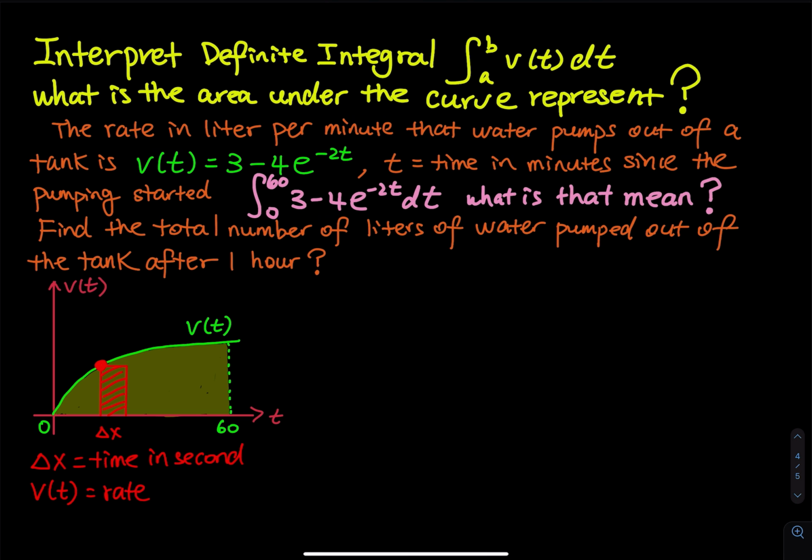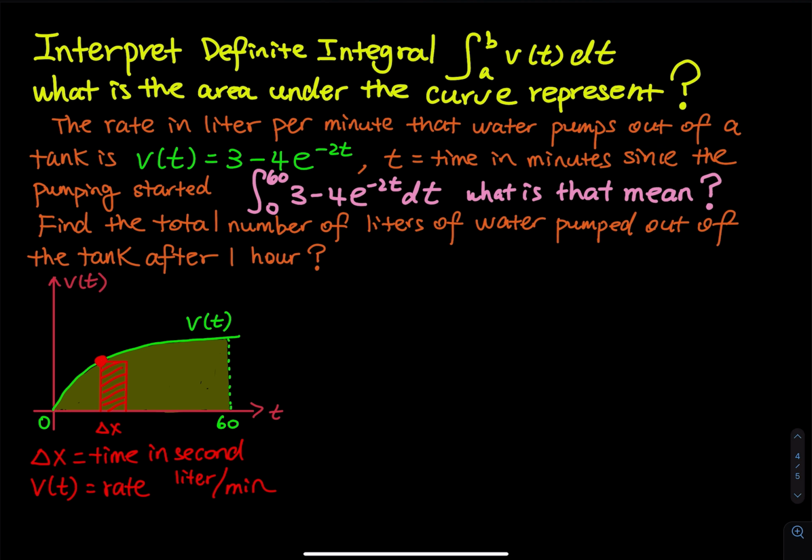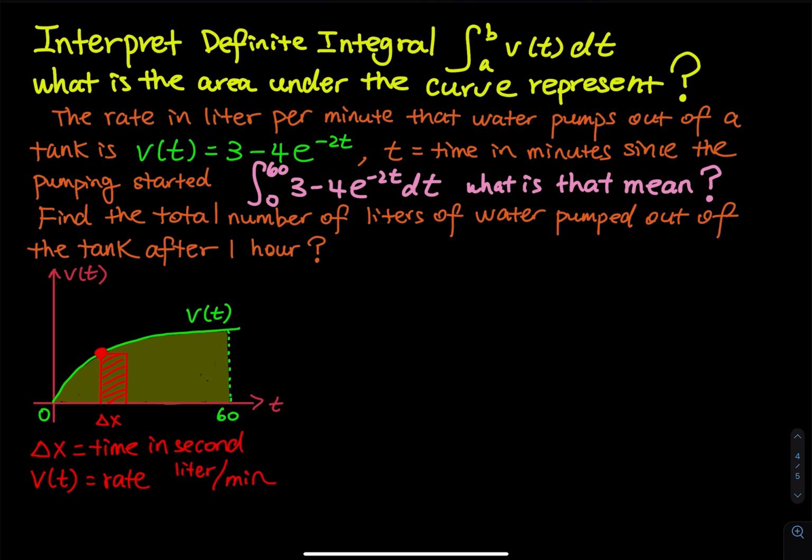The unit is liters per minute. And the total number of liters equals the rate multiplied by the time, right?